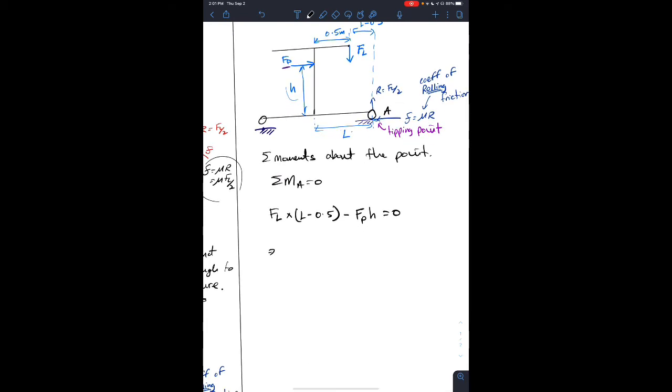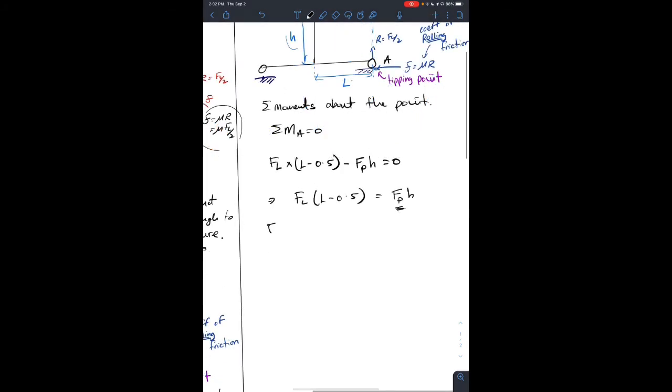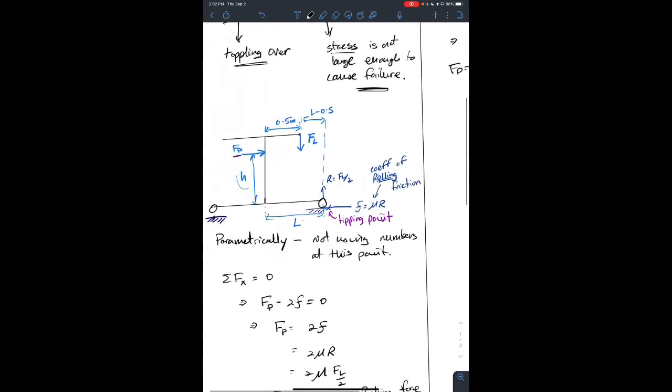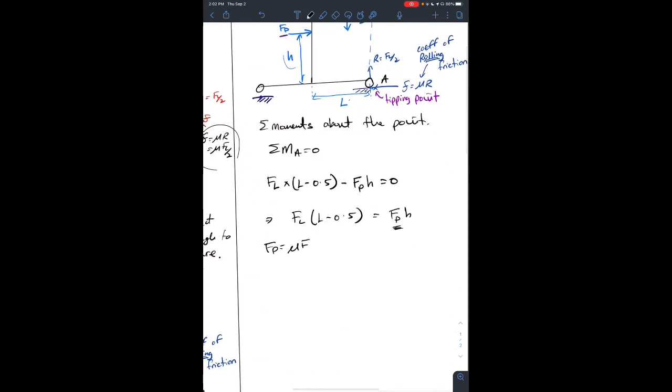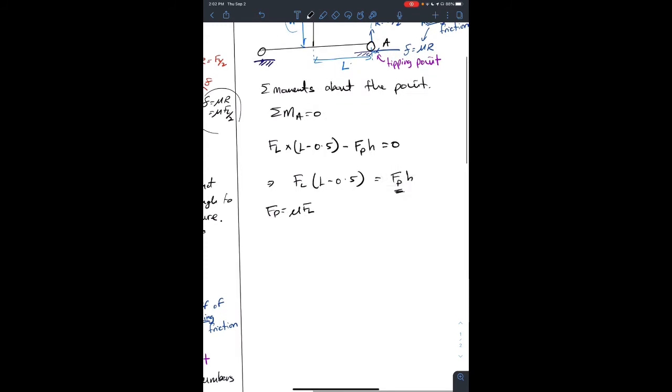So we end up with FL, and remember Fp was mu FL. So we could substitute that and say FL times (L minus 0.5) equals mu FL times h. That's what I was talking about by doing everything parametrically.